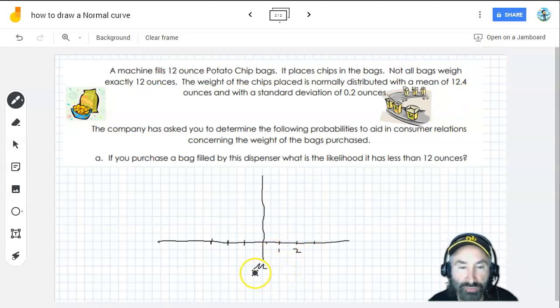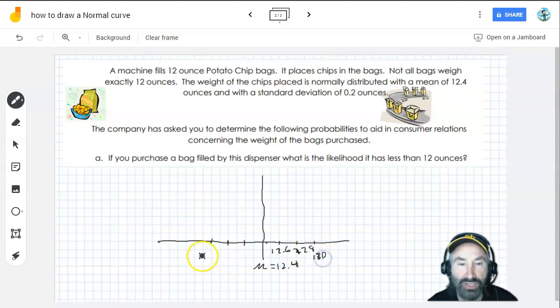We were already told the mean is 12.4, so I'll put the mean as 12.4. Since the standard deviation is 0.2, we'll put 12.6, and if we add 0.2 more, we'll put 12.8, and then that last one will be 13.